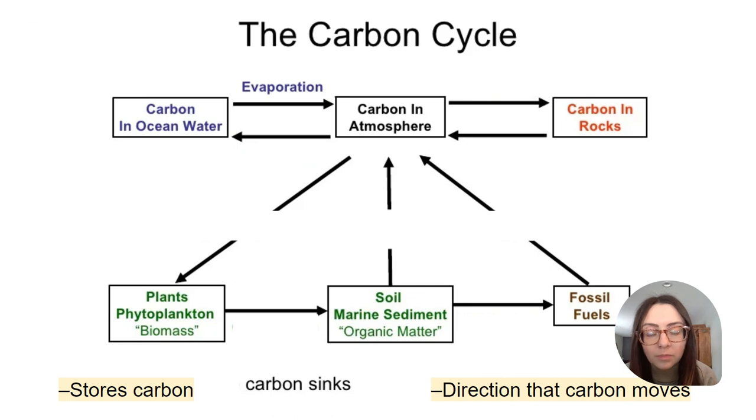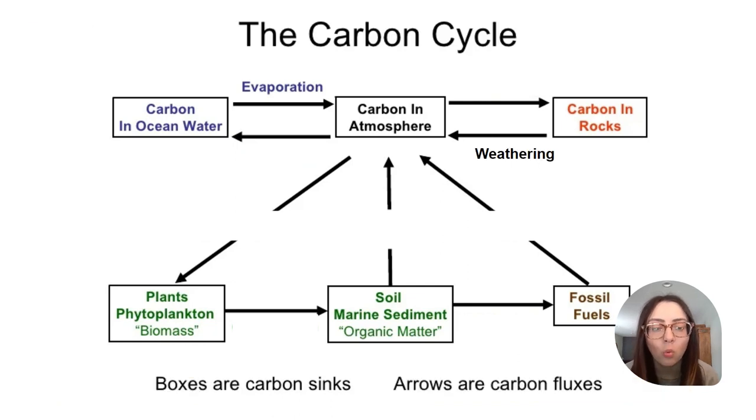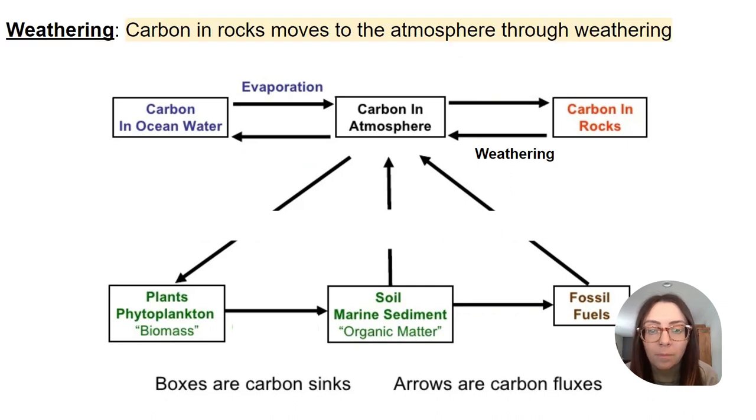Next, we can have weathering. So carbon is stored in rocks, but weather happens, wind and whatnot, and then it can move to the atmosphere. Okay. Carbon in rocks moves to the atmosphere through any type of weathering.